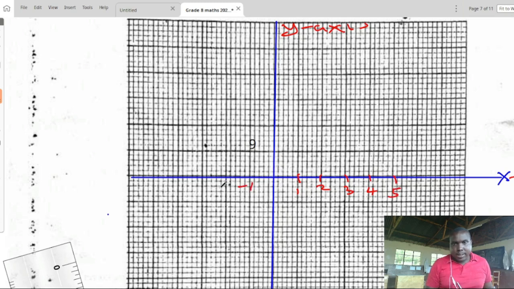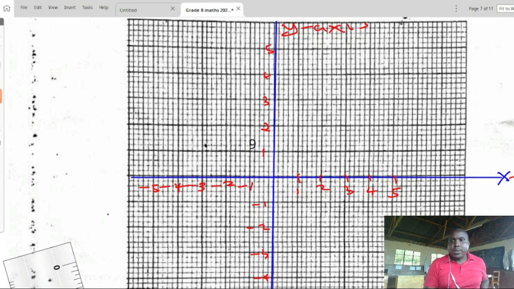This is negative 1, negative 2, negative 3, negative 4, negative 5. So this is negative 1, negative 2, negative 3, negative 4. This is 1, 2, 3, 4, 5.